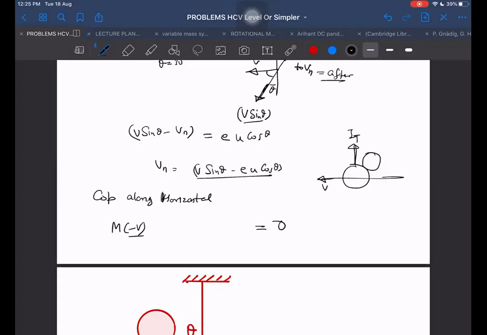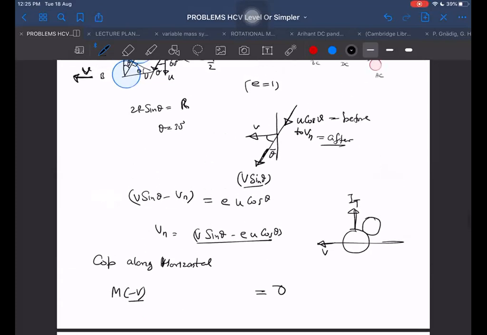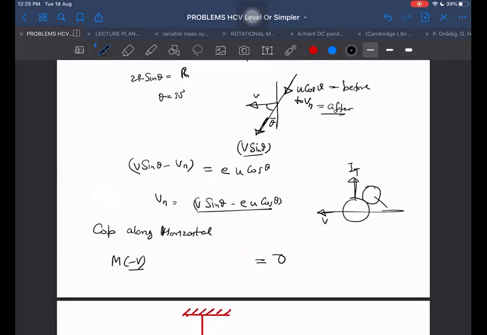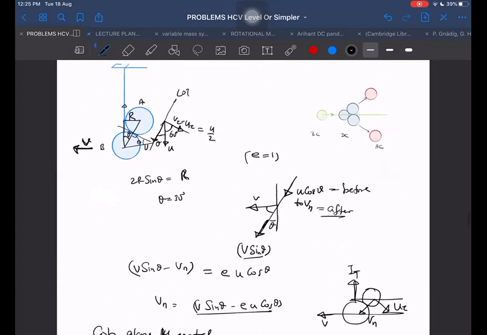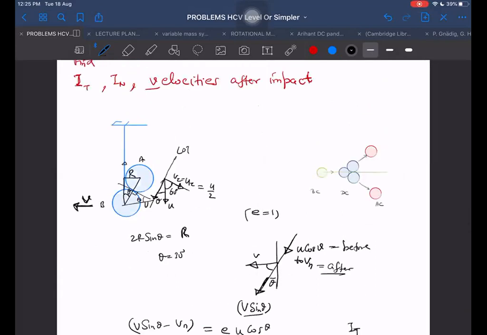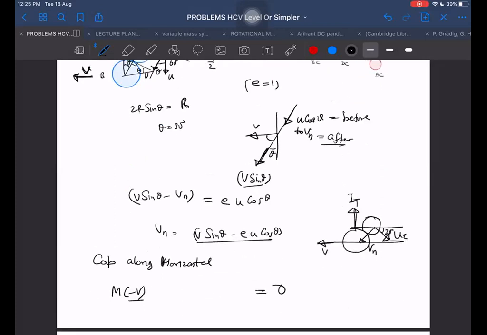And the other one is also, I think, on that side only. It has two velocities. One is tangential u tau, that is the same, and the other is vn. So what are the angles made by this u tau and vn along horizontal? U tau with horizontal makes 30 degrees, and vn makes 60 degrees with the horizontal.